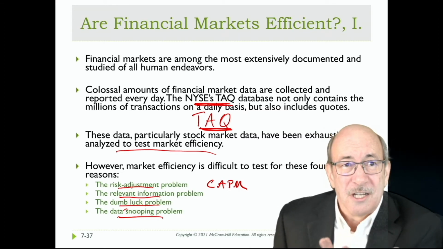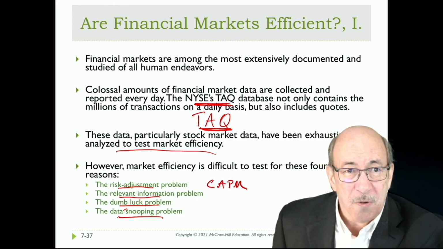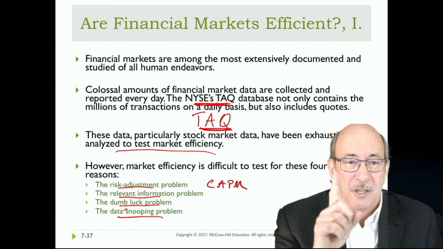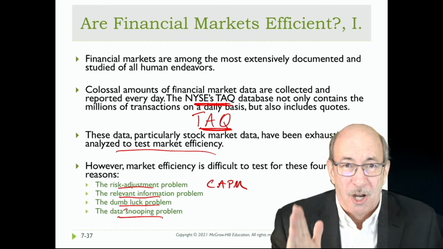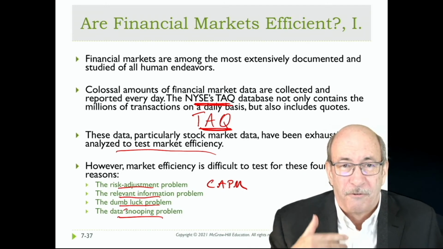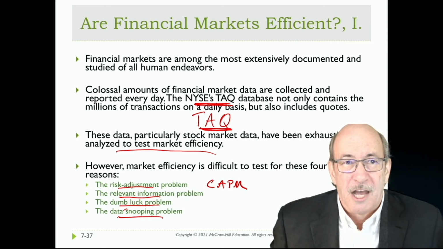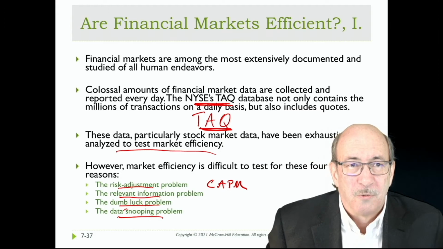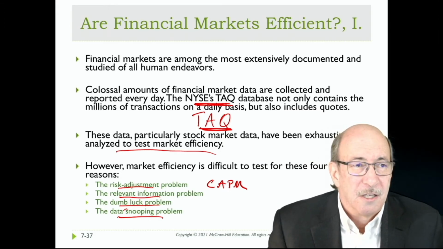And then the last issue is what we call data snooping. Data snooping is that the researchers only have one experiment that's been run, and that is our current world. So far as we know, there are not thousands of parallel worlds with which we can study something.